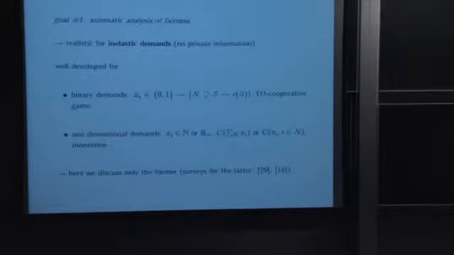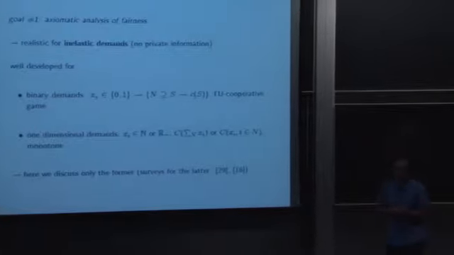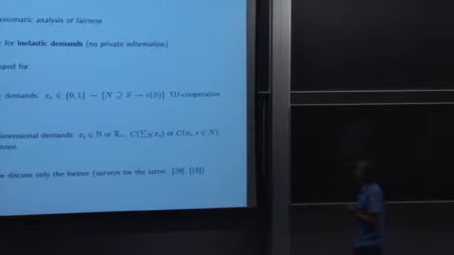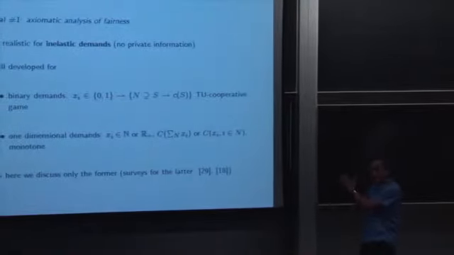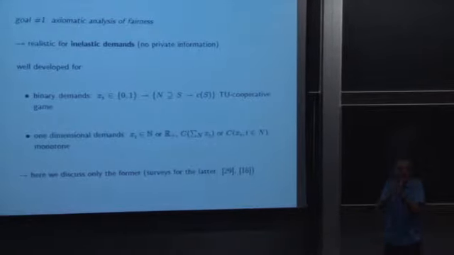For each subset S of agents that you want to serve, C(S) is how much it would cost you to serve them. And of course, this is the well-known model of TU cooperative games, and this is exactly the branch of TU cooperative game theory which is purely axiomatic.